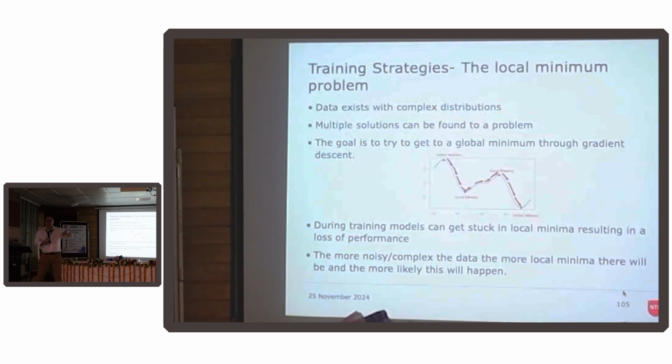So we're trying to get that ball to roll to the lowest point of the hill through the training of the model. So the problem is, during training, models can get stuck in local minima. We don't want that to happen because the error of the model will be greater. It's not as good as it can be.